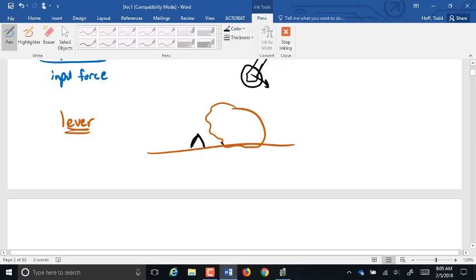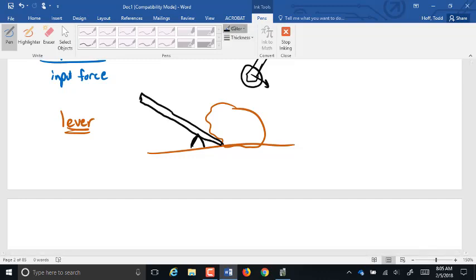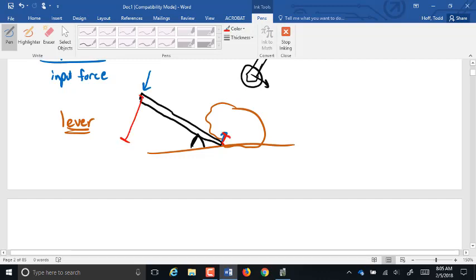Now if I push down on this, it is going to push up with way more force than what I put down on it. What's the trade-off? If I push from here all the way to there, this is only going to move that far. I have to move a lot further, but I have to apply less force.